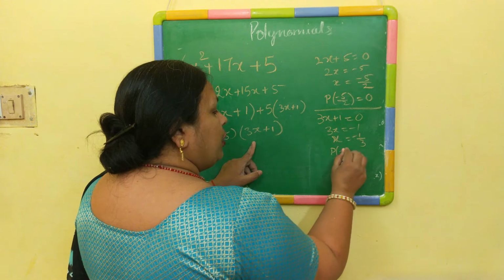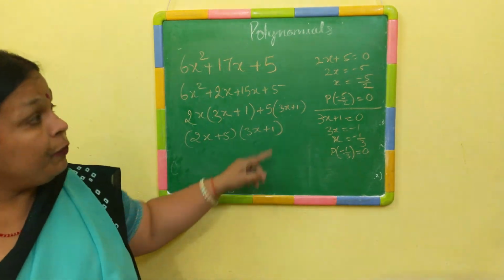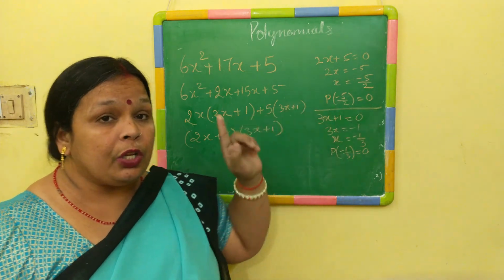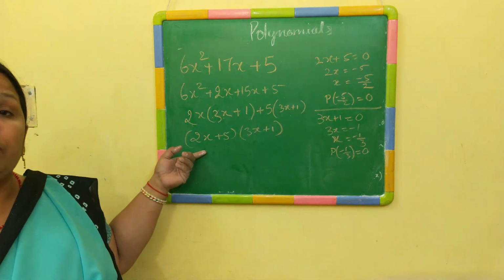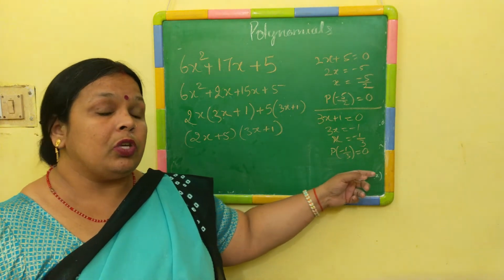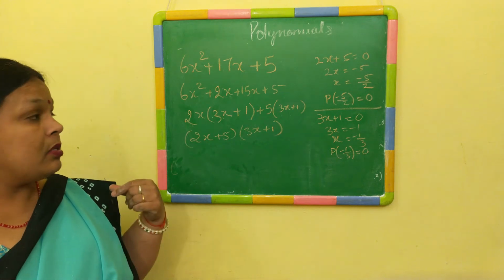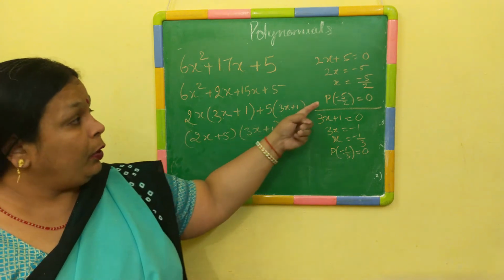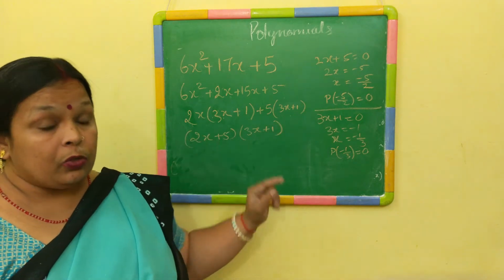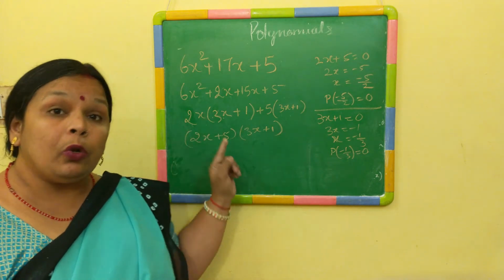In that case, P of minus 1 by 3 must be 0. If P of minus 5 by 2 is 0, we can say that 2x plus 5 is a factor. Or if P of minus 1 by 3 is equal to 0, we can say that this is a factor. Or else both could be zeros of this polynomial, minus 5 by 2 or minus 1 by 3.